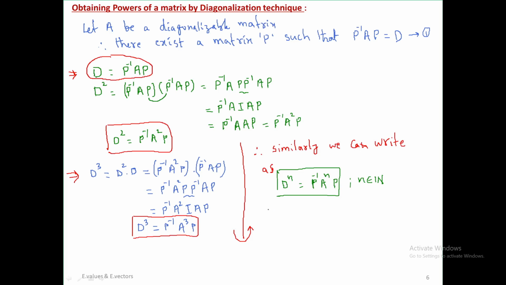So what I will do, first pre-multiply with P on both sides. Then what will you get?